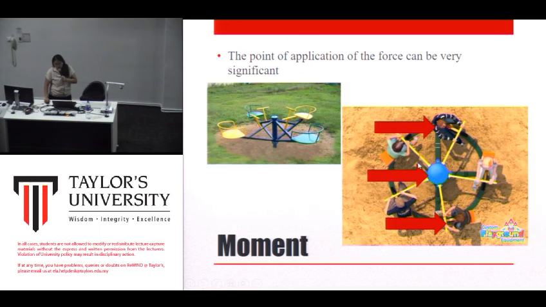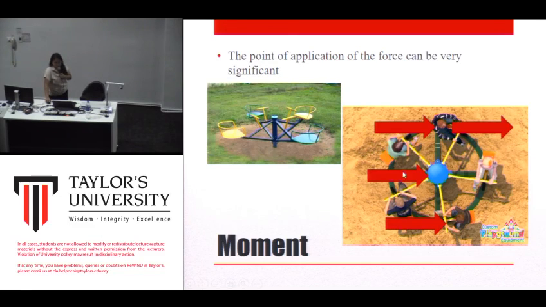It's actually F1 and F3. Why? It is because F1 and F3 are a distance away from the point of rotation. So F1 and F3 will create a moment which makes the merry-go-round start to move, while F2 doesn't.